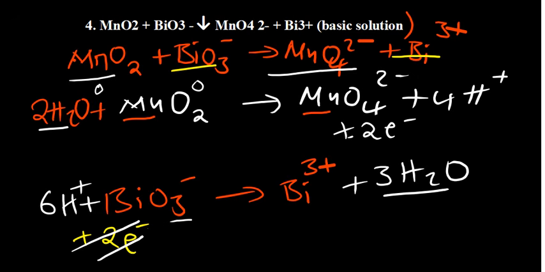We subtract 4 here, 4 there, and we remain with 2 here. Anything else common? Water in the first half reaction, how many do we have? We have 2, 3. So how many are going to remain in the second? We remain with a single water molecule. Okay, so then what we've cancelled out.